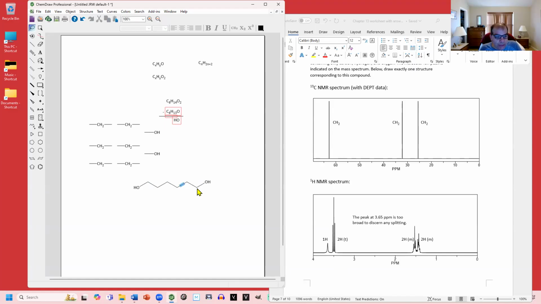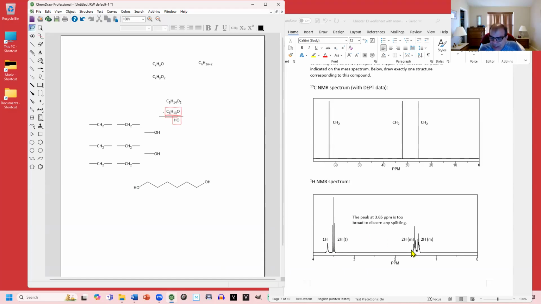That will pull these 2 CH2s very far downfield, usually between 3 and 4, and that's right there at 3.5 parts per million. The broad 1H resonance is going to be the 2 OH groups. So it's really 2 to 4 to 4 to 4, and that adds up to our total of 14.